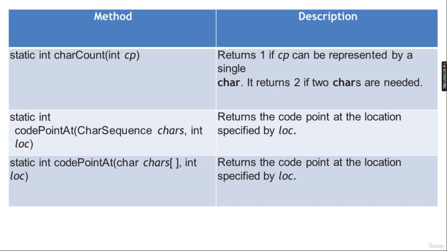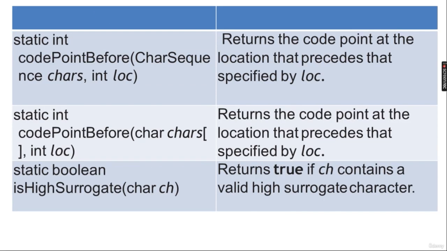Static int codePointAt(CharSequence chars, int loc) returns the code point at the location specified by loc. Static int codePointAt(char[] chars, int loc) returns the code point at the location specified by loc.